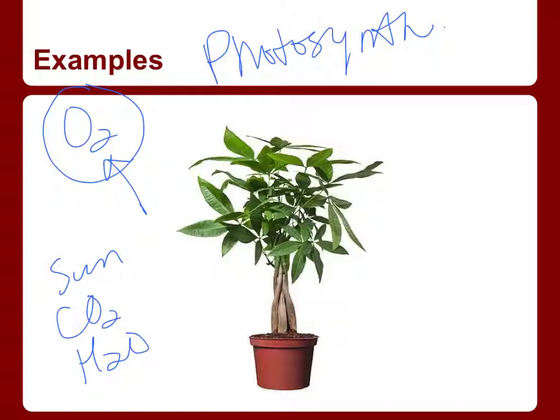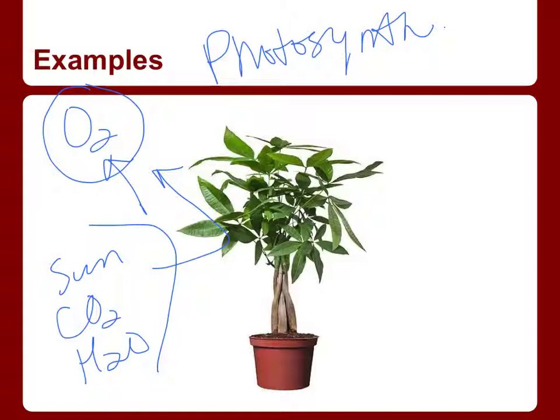We might come up with ways to test for oxygen, ways to test for CO2, ways to test for other gases or other products, and ultimately the conclusion you would come to, even if I didn't tell you that conclusion, is plants produce oxygen as a waste product.